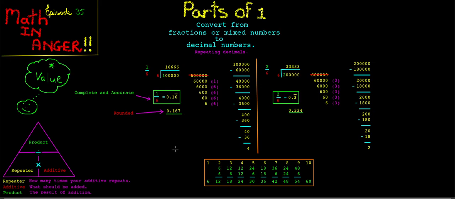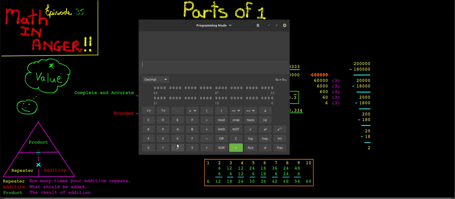Okay? And now I'm going to show you something that might shock a lot of you. That is a calculator. Look at what happens when I ask the calculator to do this. Do you see that the calculator is rounding?